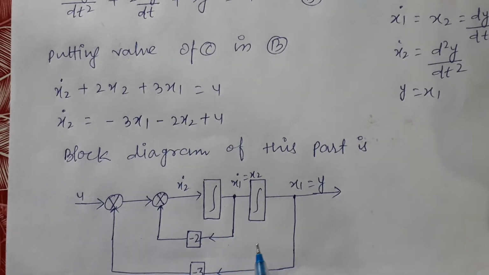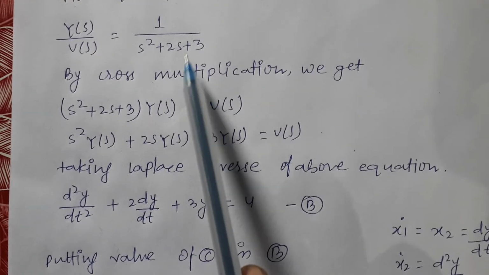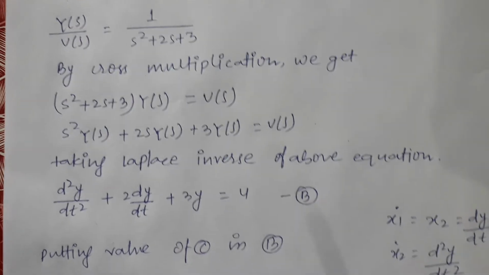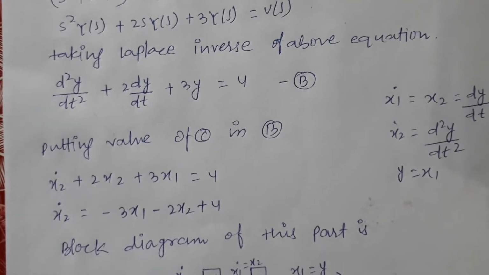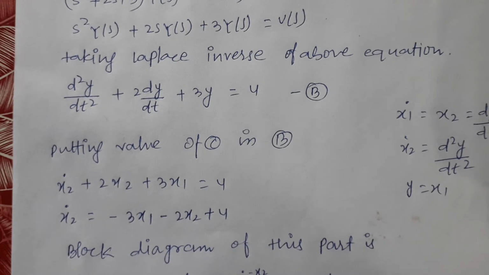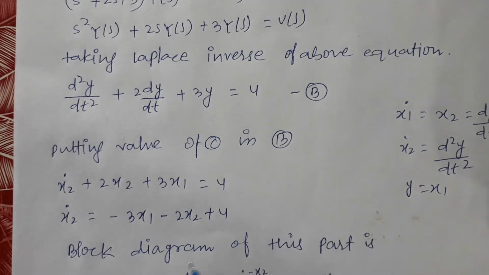Now this is the block diagram of the first part. Because this is second order, we get a second order differential equation, that's why there are two integrators and two summing points here.